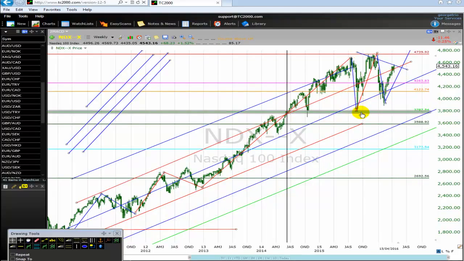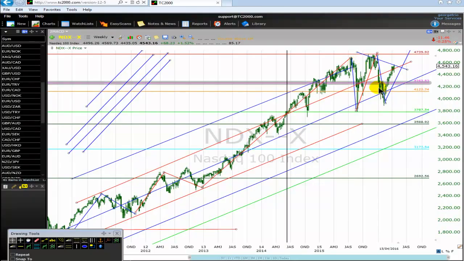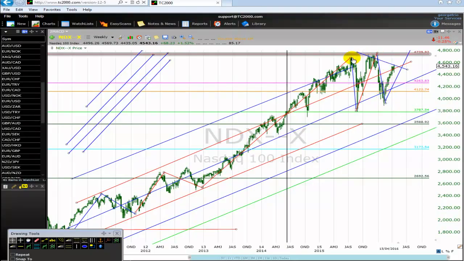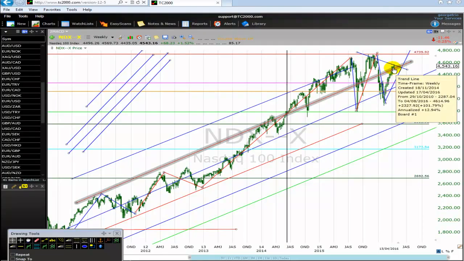Price went down 1, 2, 3. So this is a pullback within a rising channel. But as the price pulls back a bit, it is now again above the rising channel.